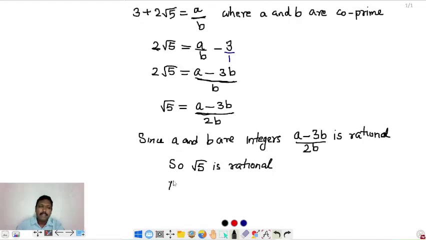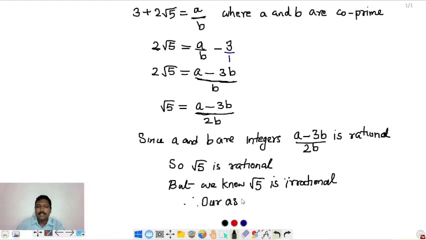But we know root 5 is irrational. Therefore our assumption is wrong, because we have assumed 3 plus 2 root 5 is rational.